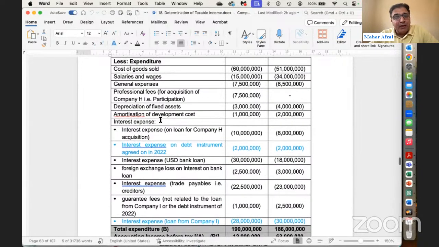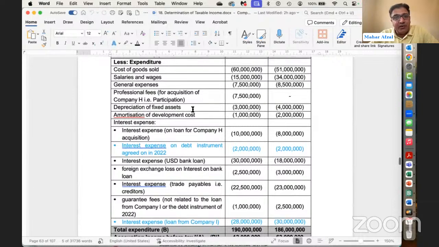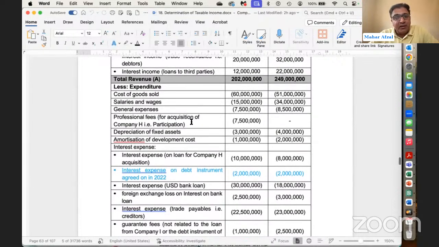Amortization of development is fine, depreciation of assets is fine. Professional fee for acquisition of H: we are assuming we meet all conditions, and once all participation conditions are met, any income will not be subject to tax and losses will not be allowed as well. So we should not claim this professional fee because it is directly related to your participation exemption. So I'm adding it back.